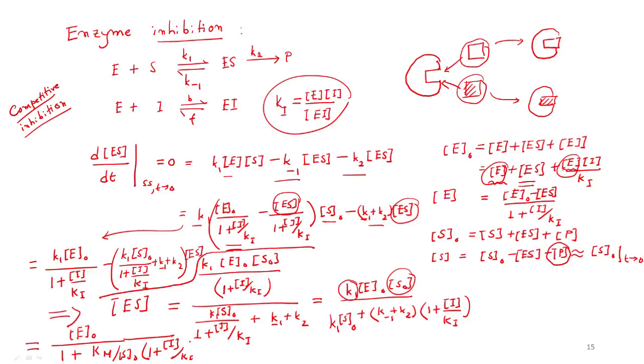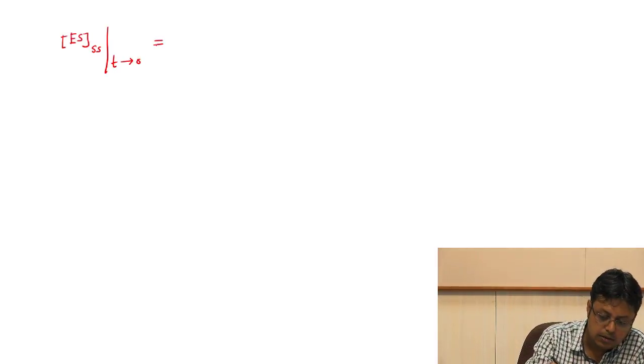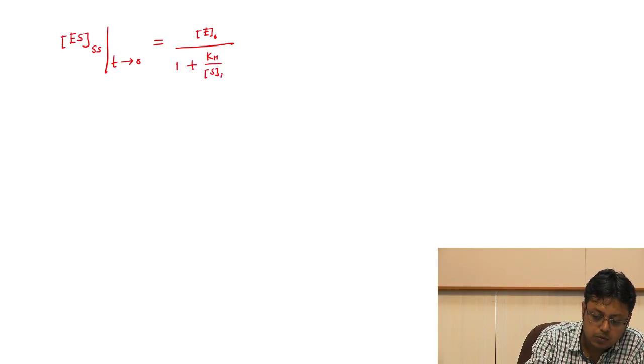Now let us write it very clearly. What we got is the enzyme substrate complex concentration under steady state, at t tends to 0, which is nothing but, K1 into E0 we already removed, it is E0 divided by 1 plus Km by S0 into 1 plus I divided by Ki.